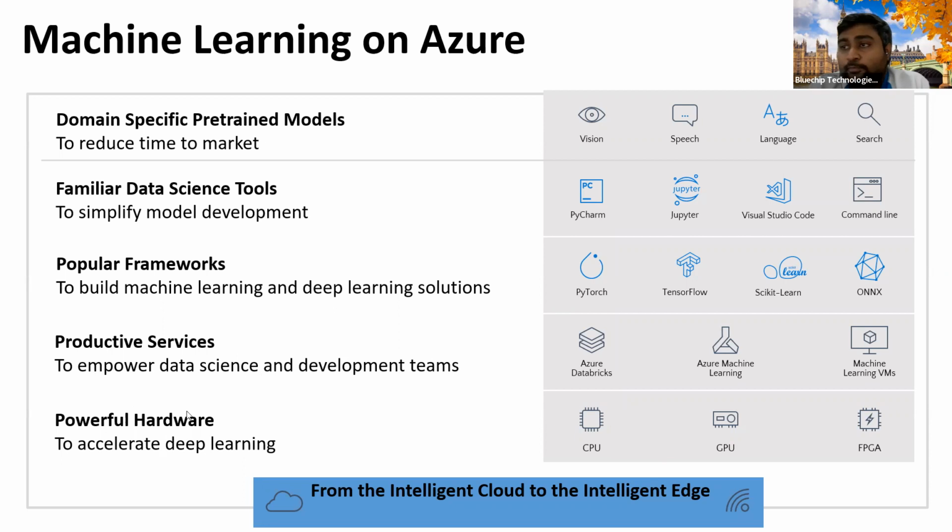It provides powerful hardware. If you need it in terms of hardware capability, we can use GPU or FPGA for high performance. Let's say you want to train on video data with 1 year of video data.